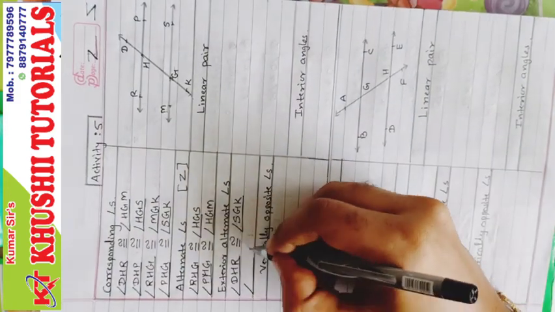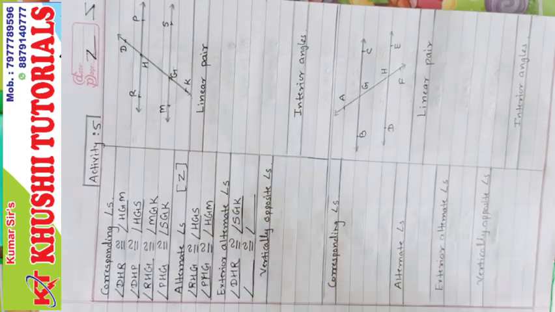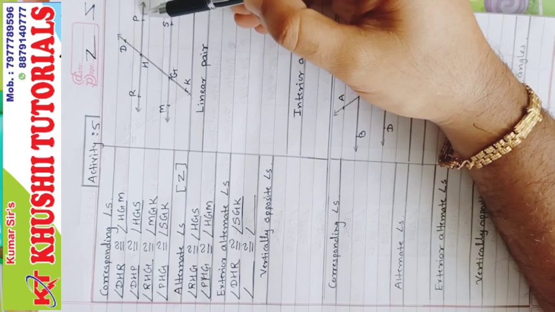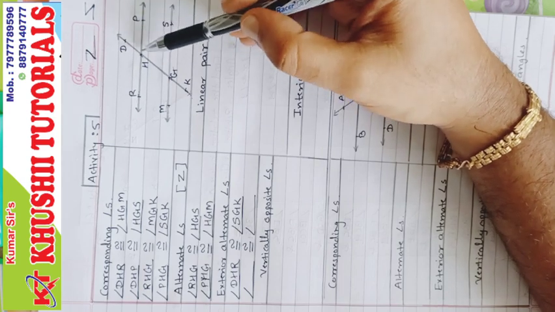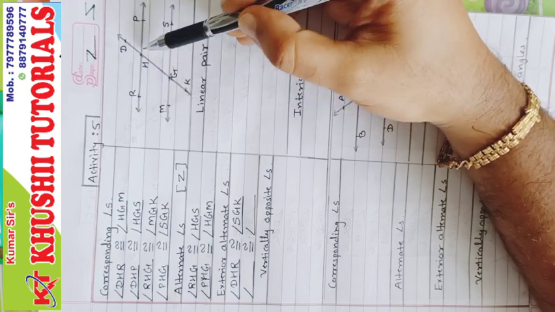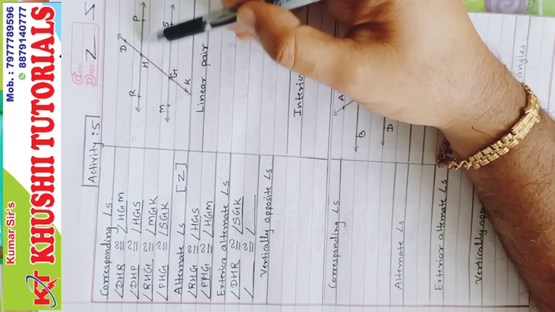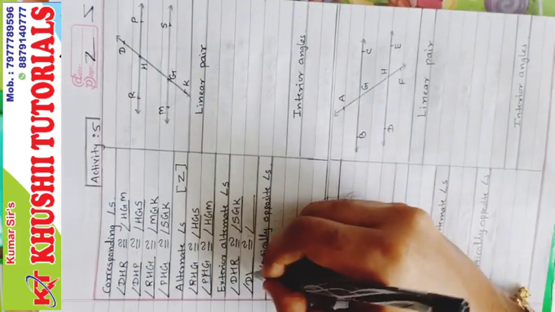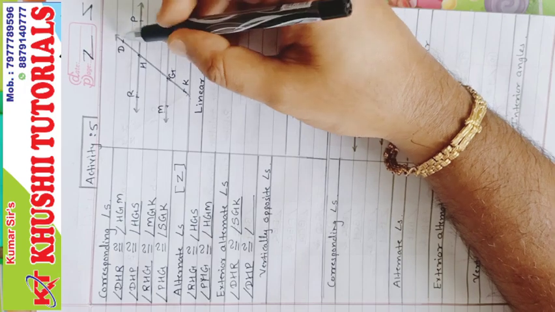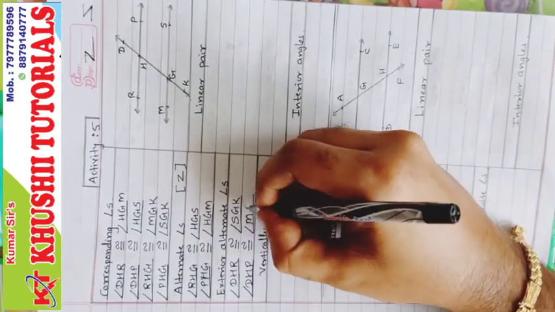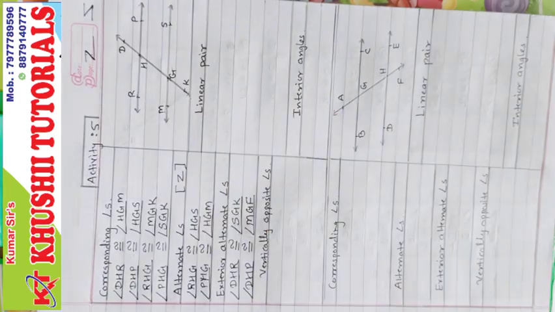Next, DHP, these were alternate interior angles. So DHP, and here MGK. That's all.